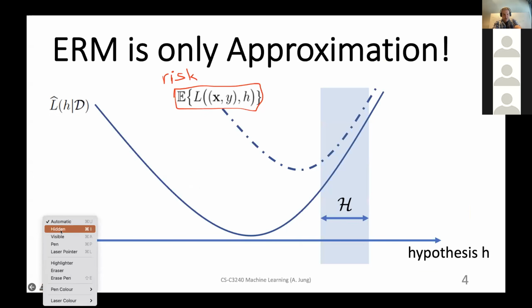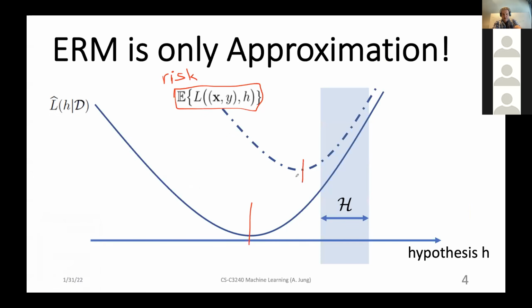So typically the optimal hypothesis regarding the training error or the training set is not the same as the optimal hypothesis regarding the risk. And when this difference between the training error and the risk is big, then we call this situation overfitting.